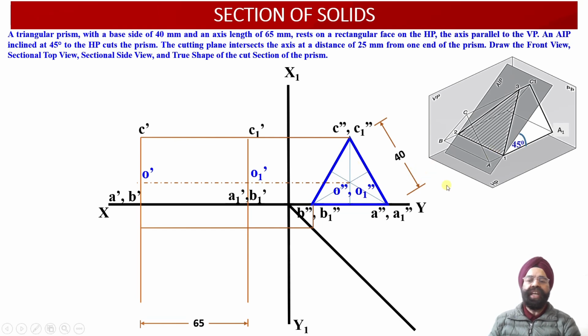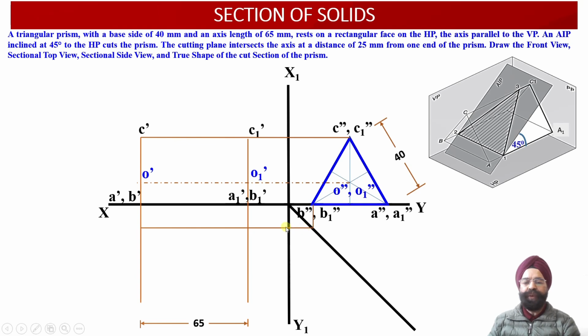Now let us proceed to evaluate the top view projections of this prism. Here we have this transfer line. Using this transfer line, the depth along the side view will be transferred onto the top view projections. From points B double dash and B1 double dash, we have drawn this projector onto the transfer line.